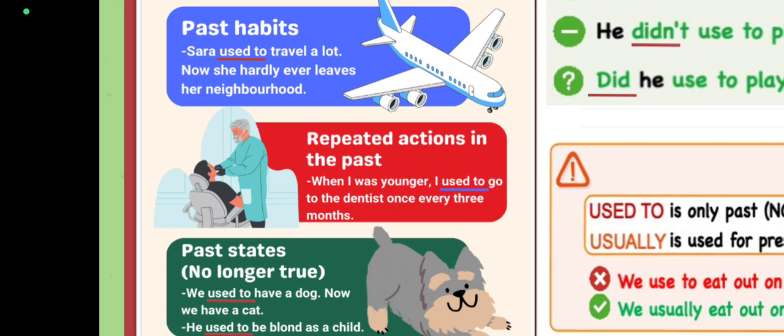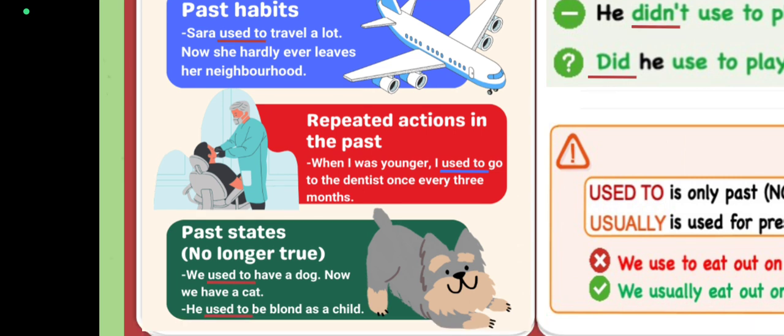Repeated action in the past. When I was younger, I used to go to the dentist once every 3 months. Past states, no longer true. We used to have a dog. Now we have a cat. He used to be blonde as a child.